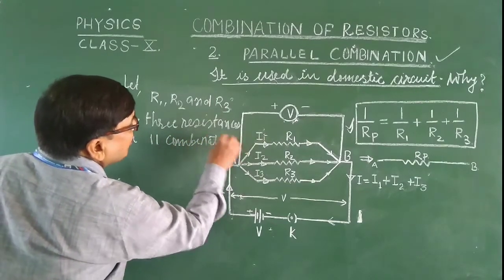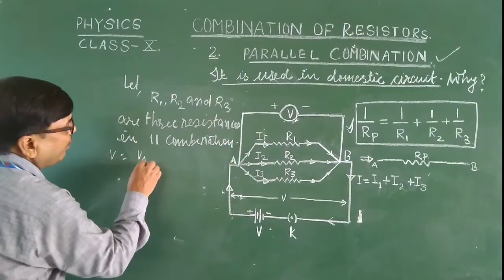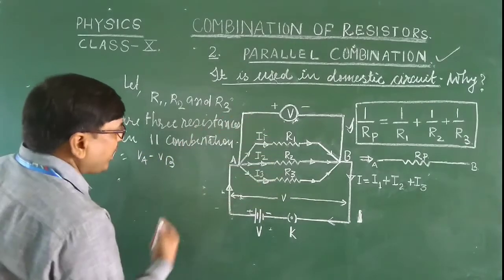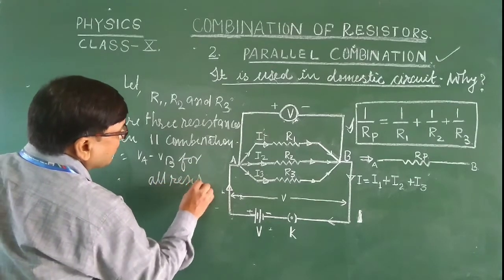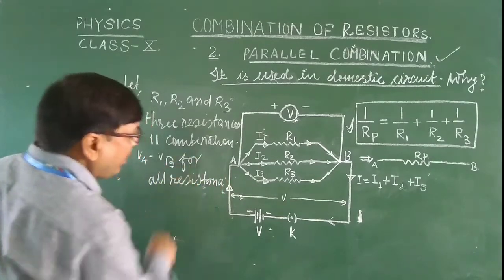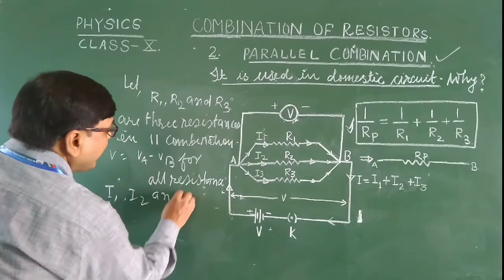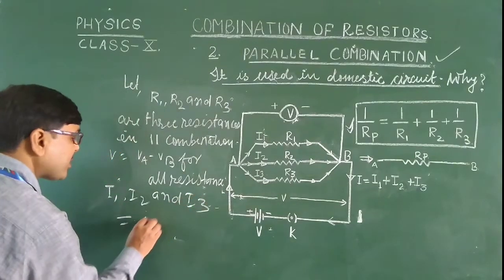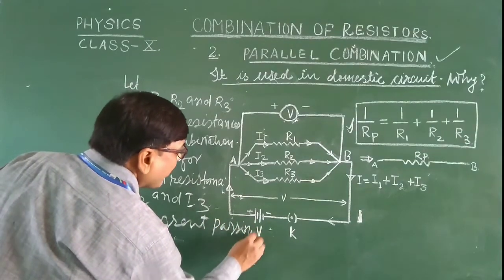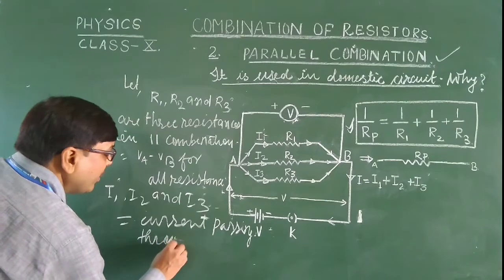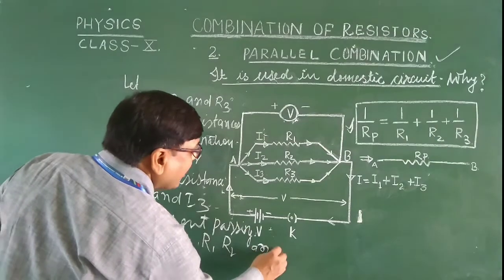So what we see in this, the total voltage V is equal to VA minus VB for all resistances, because it is the same in parallel, and I1, I2 and I3 are the currents passing through R1, R2 and R3 resistance.